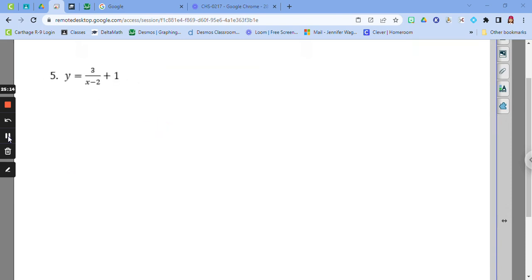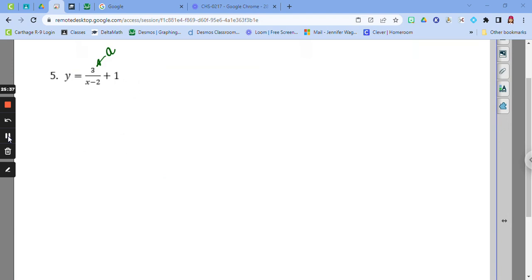Number 5, this 3 up here, that's A. For that to be B, it would have to be, say, 2x minus 4. Again, if there's a number that x is directly multiplied by, that would be a B value.